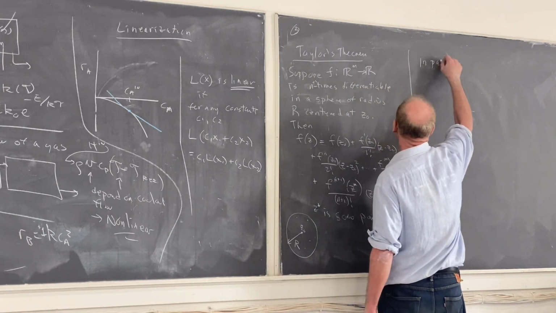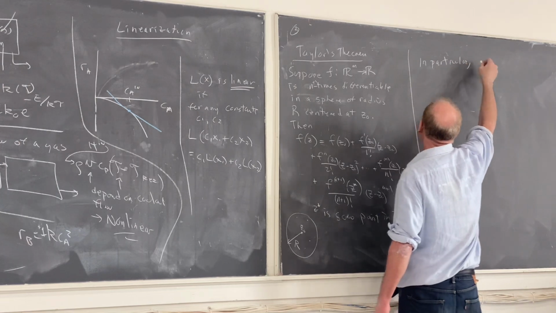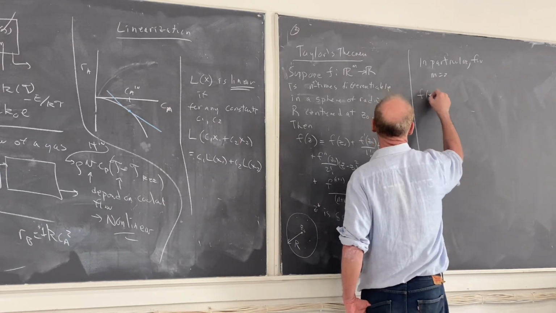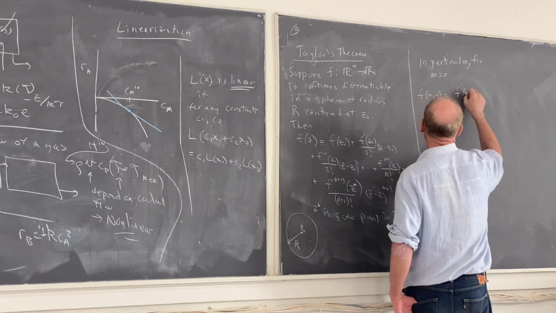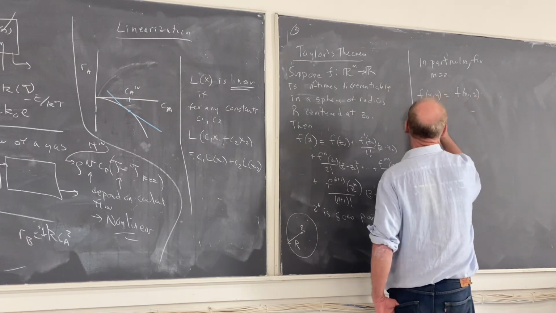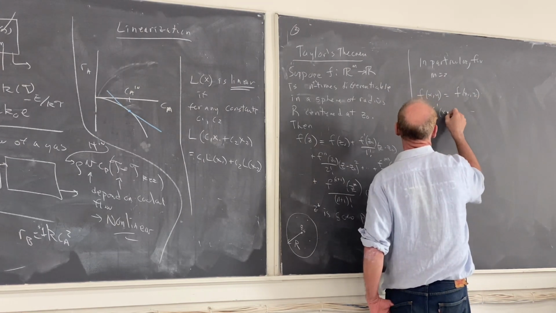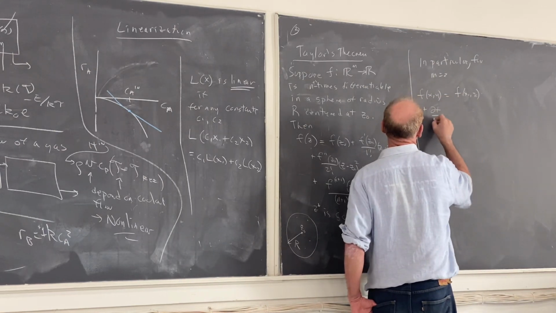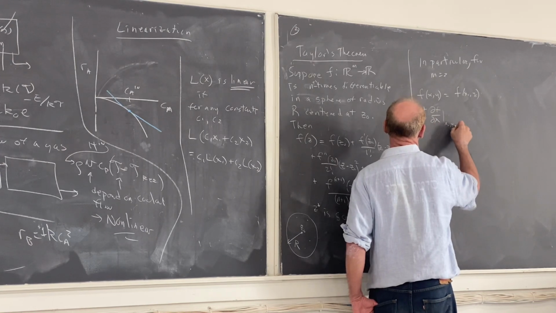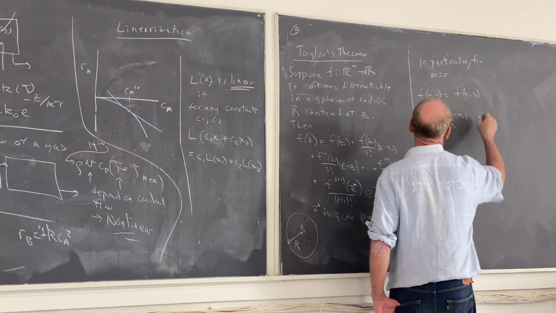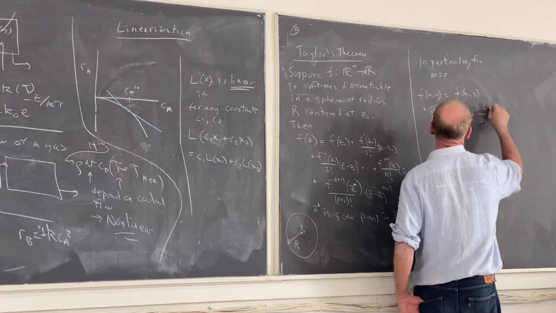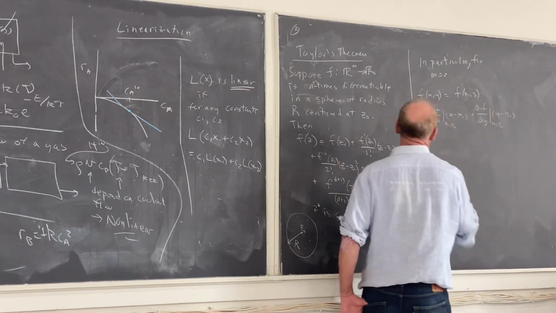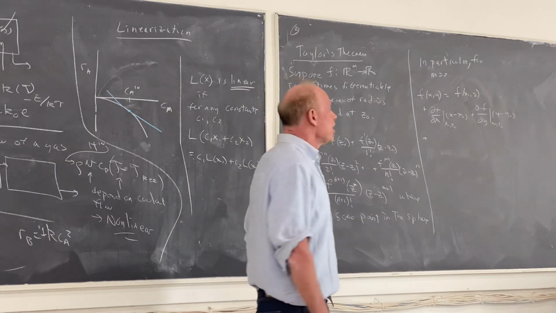In particular, for n equals 2, we have that f of x, y is equal to f of x0, y0 plus, let's be careful here, the partial of f with respect to x at x0, y0 times (x minus x0) plus the partial of f with respect to y at x0, y0 times (y minus y0) plus, just for fun, I'll write some higher-order terms.